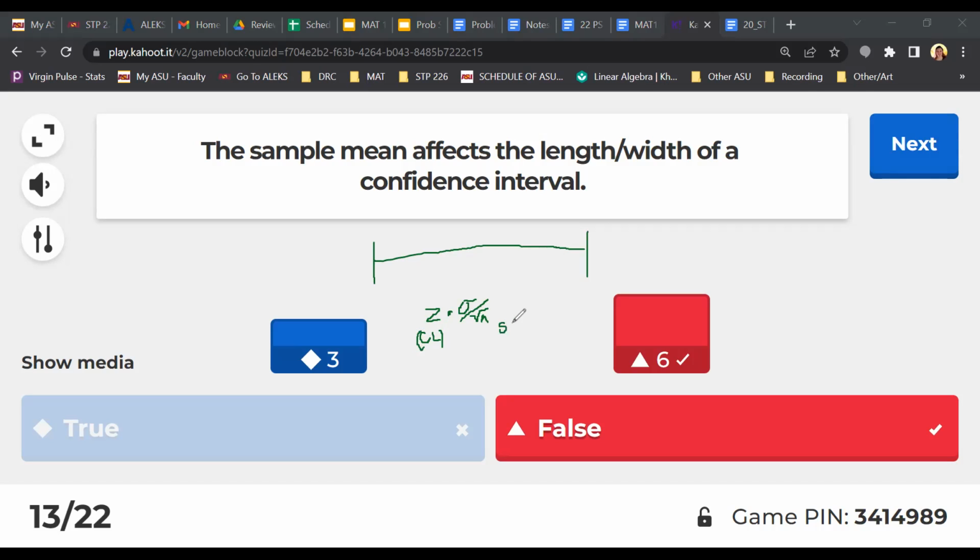Sorry, it's kind of hard to write on this. Try this. And standard deviation.